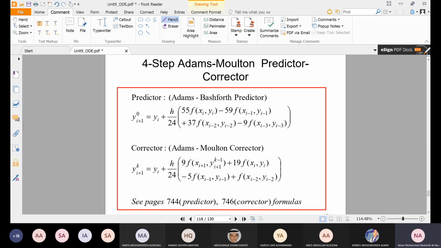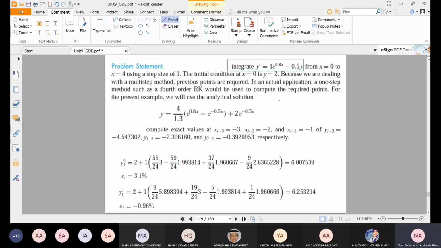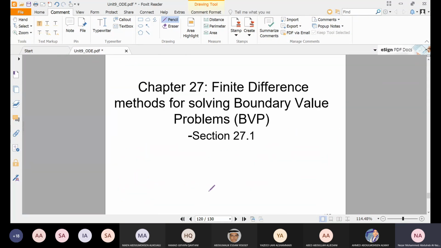So what we want to focus on today is finite difference for boundary value problems. Why do we talk about boundary problems?